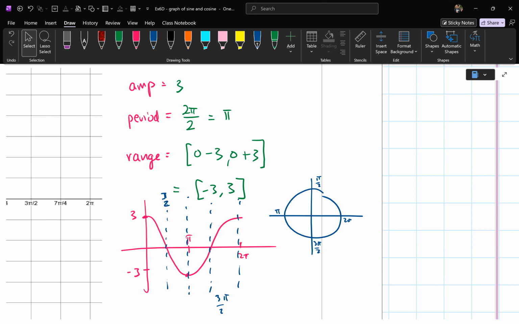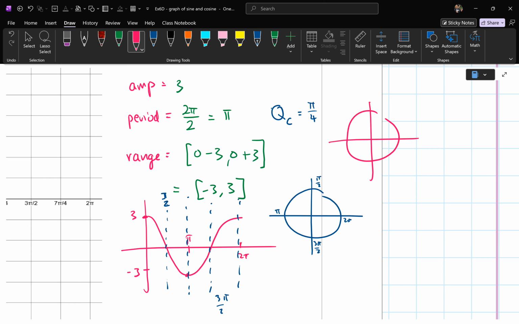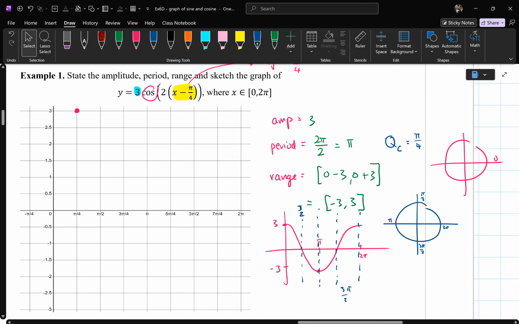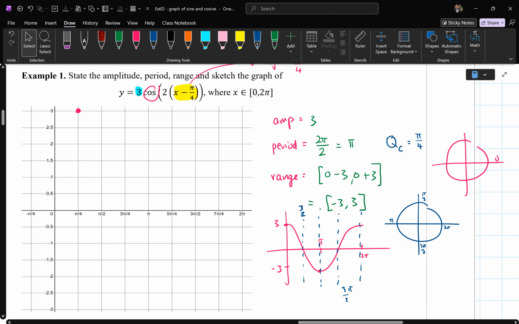So if you want to do a quarter circle, so I go QC, so quarter of a cycle, quarter of pi is pi on 4. So that means you are working on a unit circle where if you start at 3, at this point here, pi on 4, you've got 3.